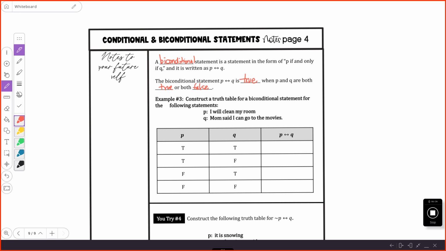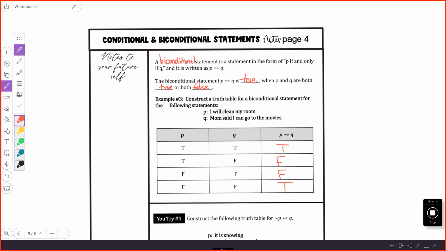So it's true if they're both true, it's true if they're both false, and then everything else is false. In this case, these are both true, so P if and only if Q is also true. And right here they're both false, so that's true. And everything in between is false.